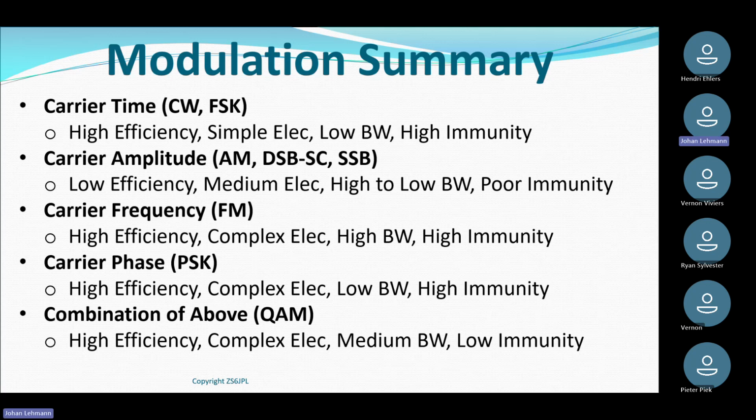So you can already see, if you start looking at QAM, what the good things out of PSK are and what the good things out of AM are, and if you combine them, you end up with high efficiency, complex electronics, medium bandwidth, low immunity system.